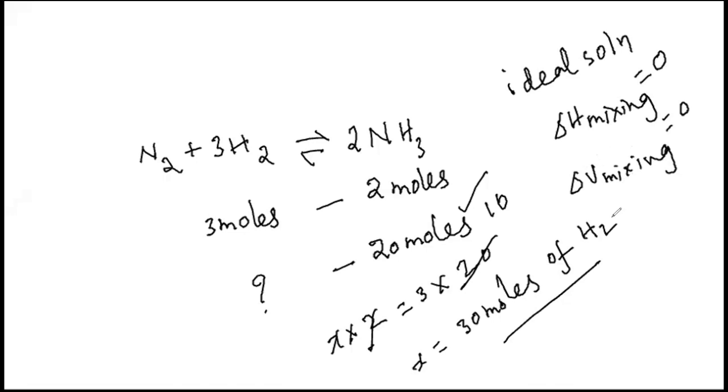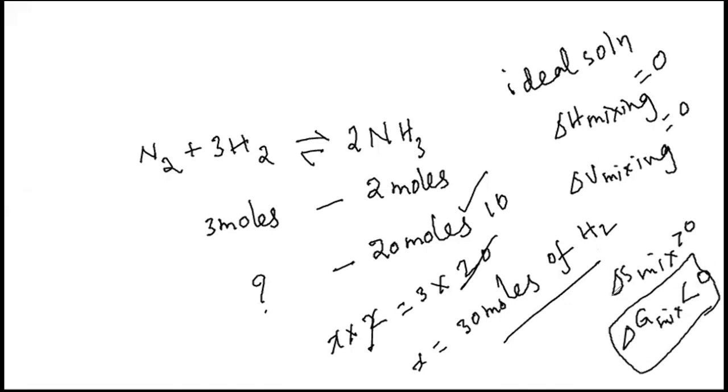But here the delta S mixing is greater than 0 we can call, and delta G mixing less than 0 we can call.